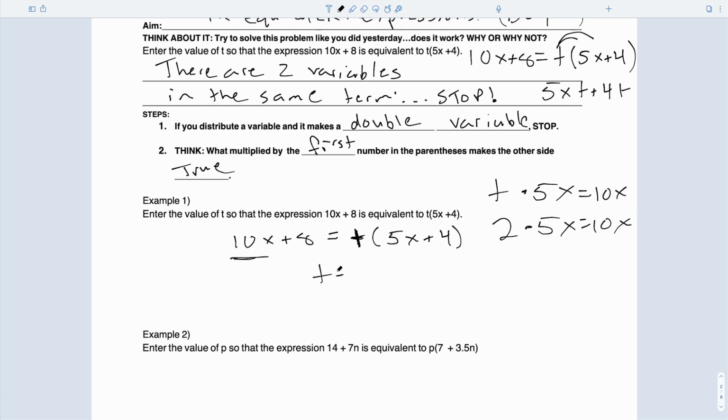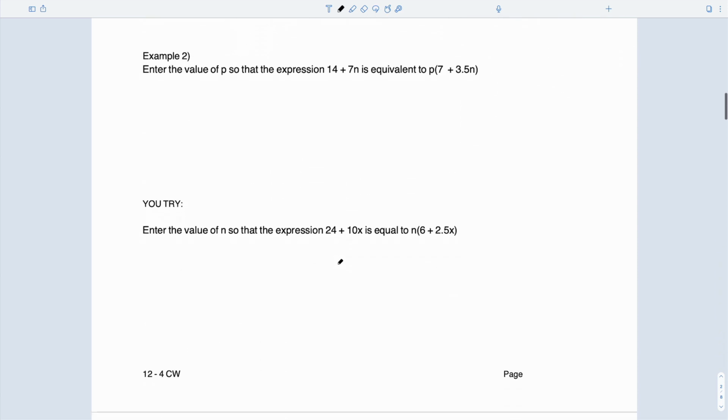Do you technically have to see if 2 times 4 equals 8? Yeah. You kind of don't, because once one side matches, you know it automatically will make the other side true as well, since they've already told me it's equivalent. So when you're looking at these problems, you might see some numbers that have decimals, others have whole numbers. I would choose the one that's not a decimal and use that one.